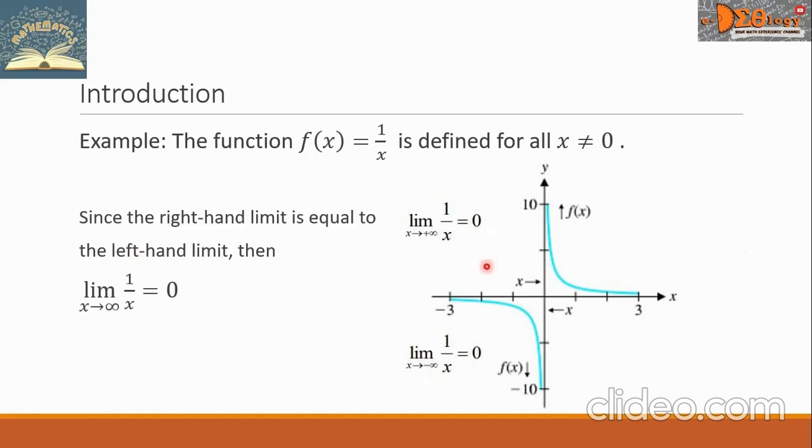Since the right-hand limit is equal to the left-hand limit, we write the limit of the function 1 over x as x approaches infinity. This time, this is a two-sided limit, equals 0.